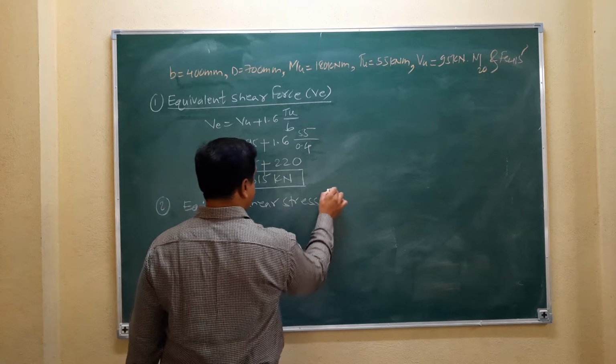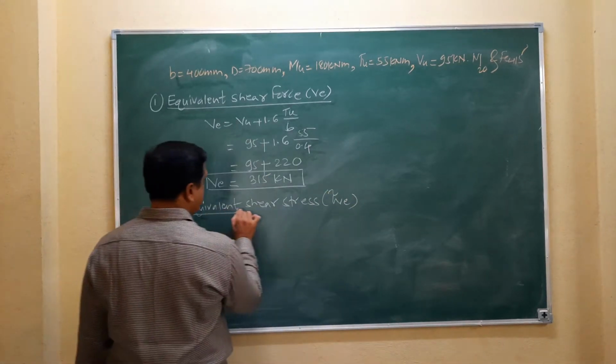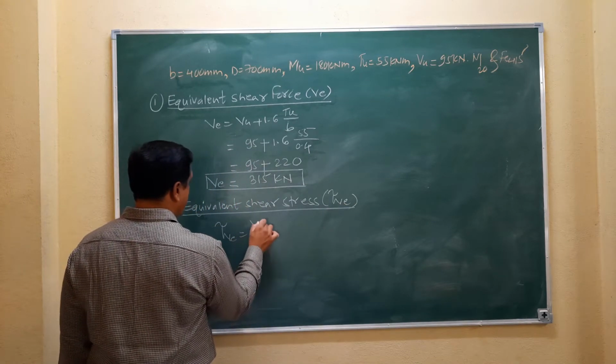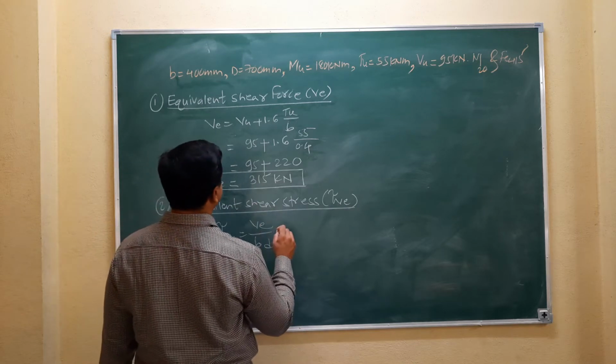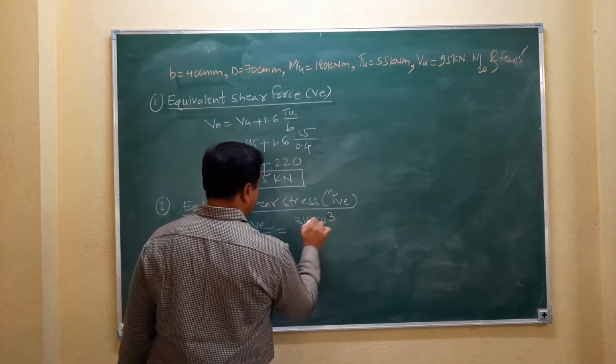The symbolic form is tau Ve. The formula for tau Ve is Ve divided by b into d. So Ve is 315, but you have to convert this into Newton.